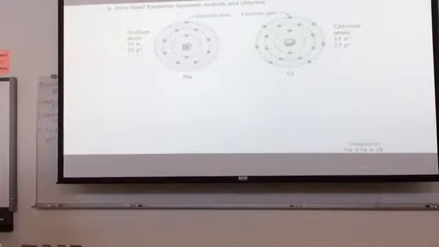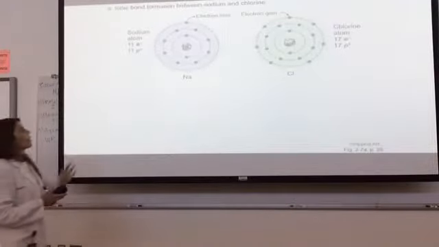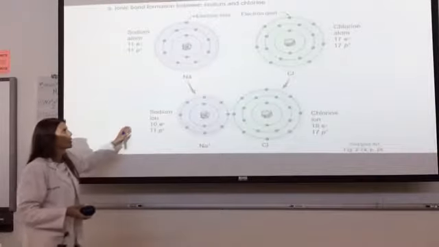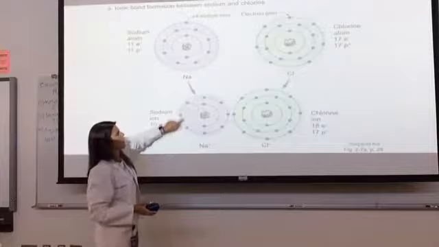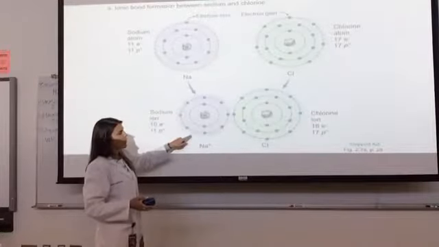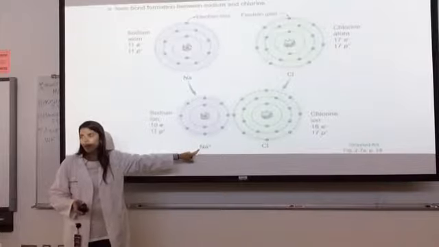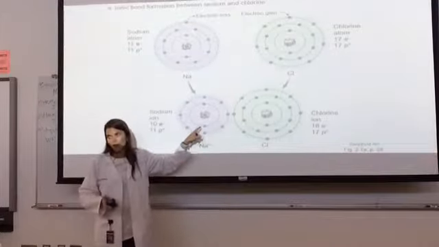So here is the diagram that I used on the previous slide. It's just enlarged. Again, starting with sodium and chlorine, and you can see here that sodium lost an electron. It gave it to chlorine, so now it's balanced, but not neutral. We can see that it has a net positive charge, which means it has more protons than it does electrons.